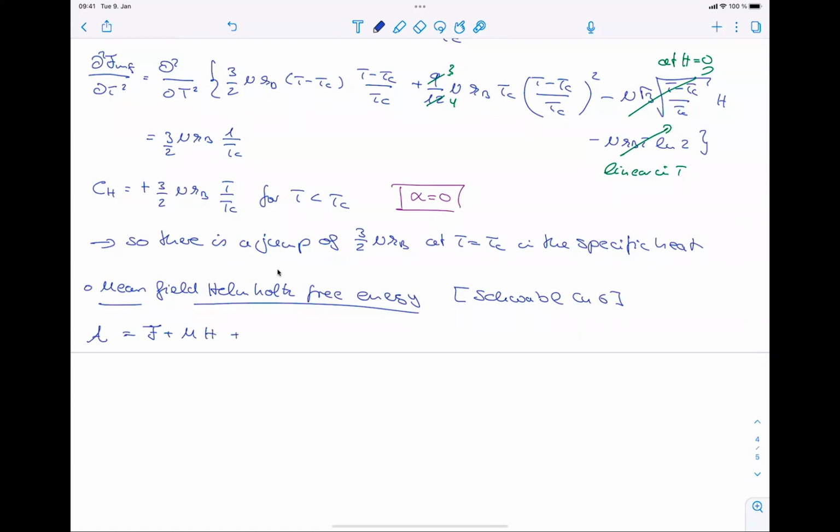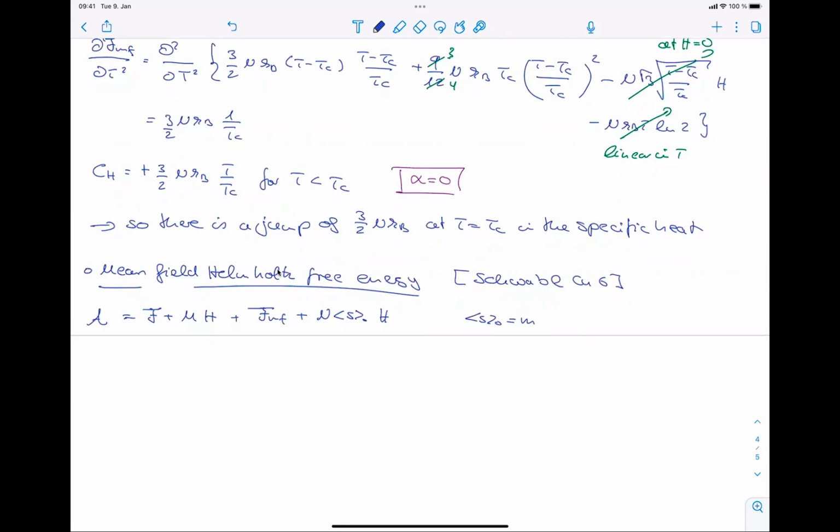In our case, that means the mean field free energy we had above, plus the number of spins N times the average magnetization s times H. Note that the small m is another standard notation for the magnetization per spin, and the capital M is the magnetization of the entire system.